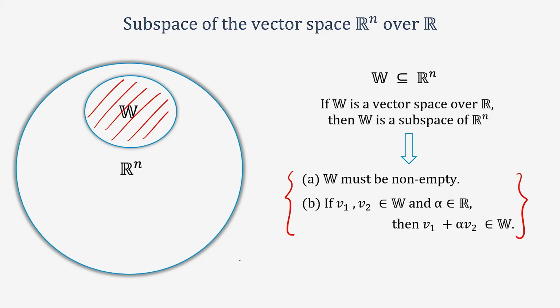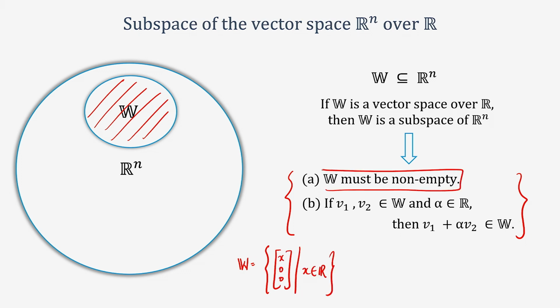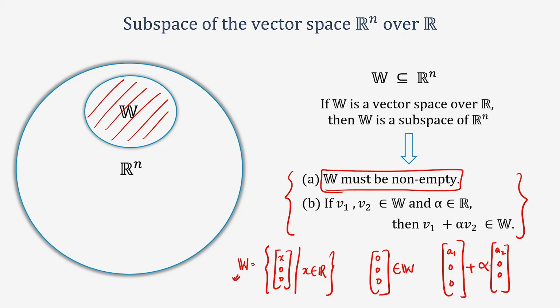In the example that we took, is W non-empty? Yes, W is non-empty, because I know that (0, 0, 0) is an element in W. Second, if I take two elements from W, say the first element V1 to be (A1, 0, 0) and the second element V2 to be (A2, 0, 0), and I add them up, I get (A1 plus alpha A2, 0, 0), which is also an element in W. So the second property is also satisfied.